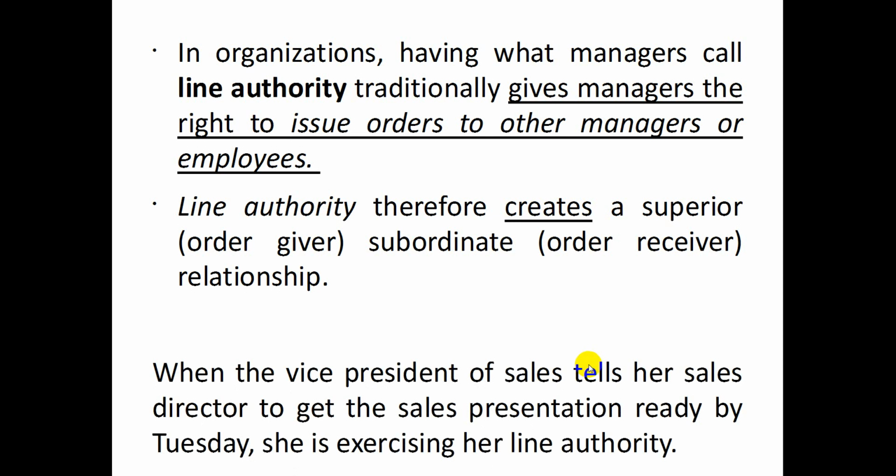And I'll give you an example. When the vice president of sales tells her sales director to get the sales presentation ready by Thursday, she is exercising her line authority.